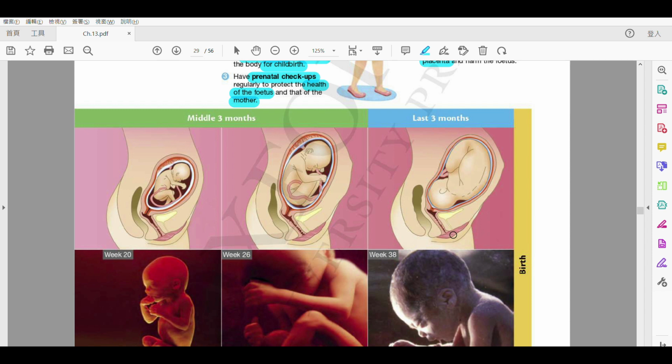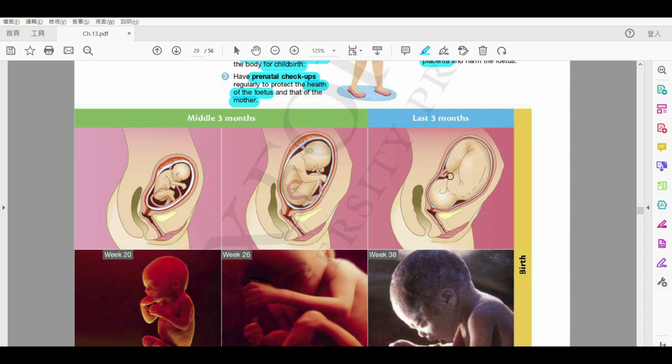Just as extra knowledge, when the baby does this flip, when the baby is trying to change position and have his head facing downwards, in some cases, quite rare though, the umbilical cord may strangle the baby.